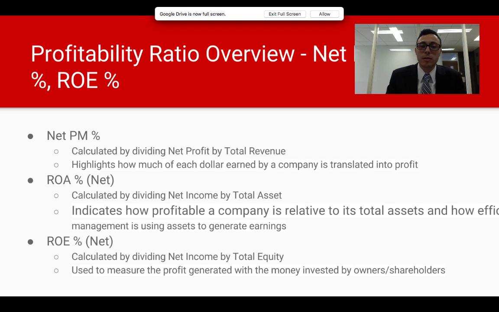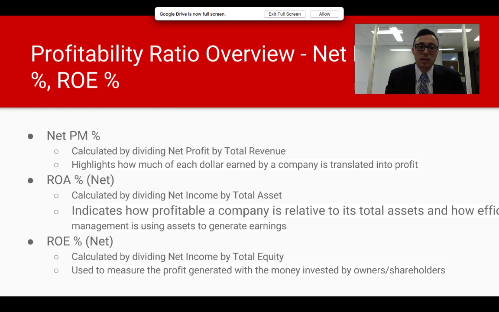Next, looking at profitability ratios for Kellogg Company, the three we focused on were net profit margin percentage, return on asset percentage, and return on equity percentage. Net profit margin percentage is calculated by dividing net profit by total revenue, and this highlights how much of each dollar earned by a company is translated into profit, which is obviously very important.